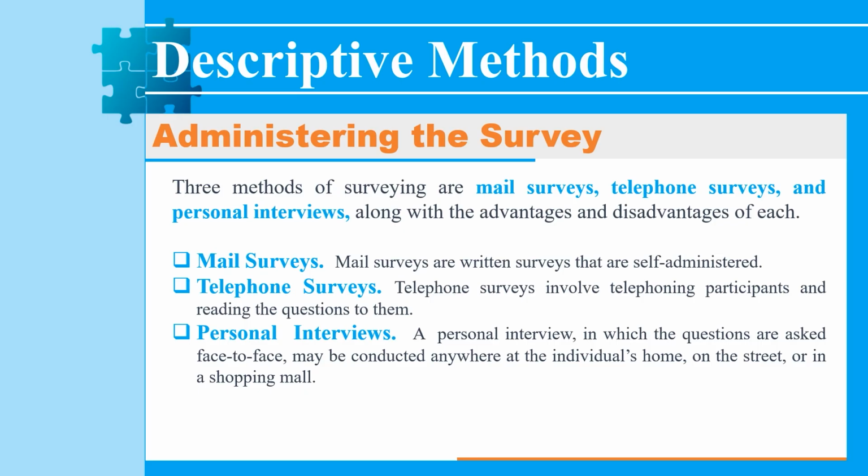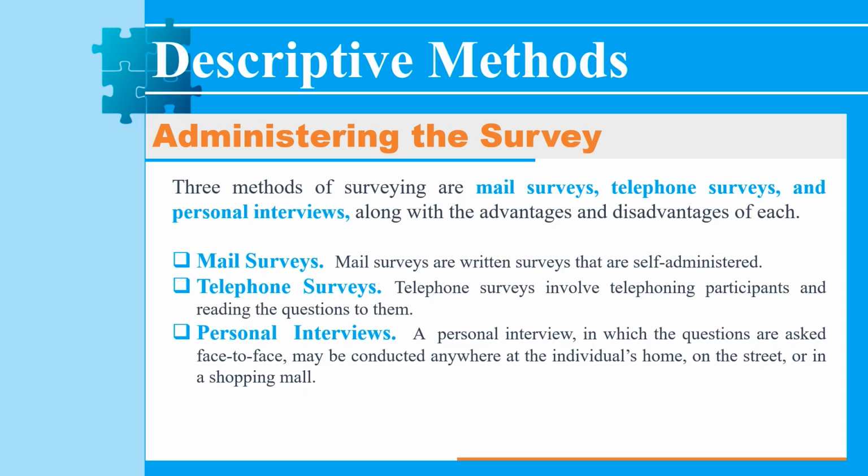The first one is the mail survey. Mail surveys are written surveys that are self-administered. Telephone surveys involve telephoning participants and reading the questions to them, and then gaining the answers from the participants that we are targeting.